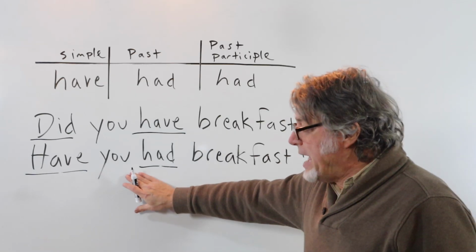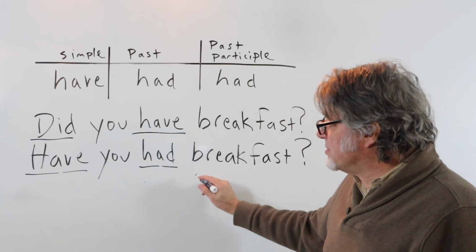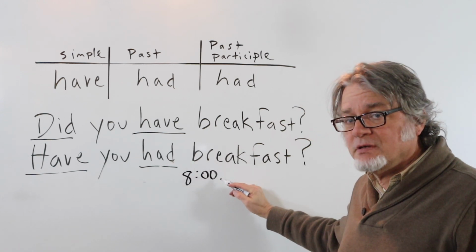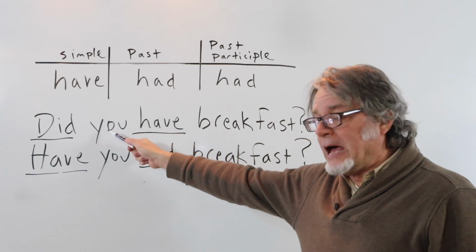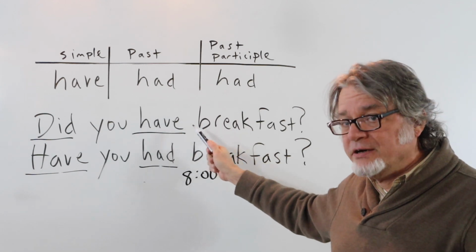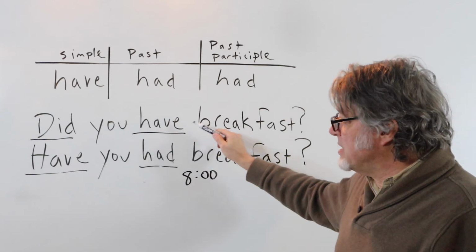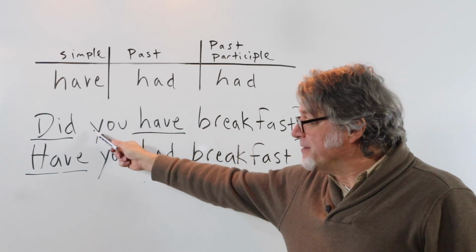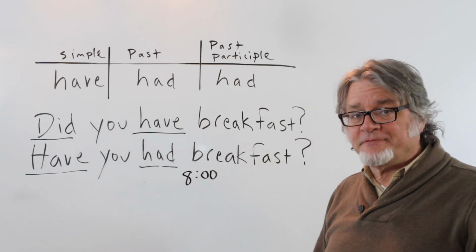This question might be asked early in the morning. It's still early at 8 o'clock. Have you had breakfast? And this question perhaps would be asked later on in the day, maybe 10 o'clock, 11 o'clock, or in the afternoon. Did you have breakfast?